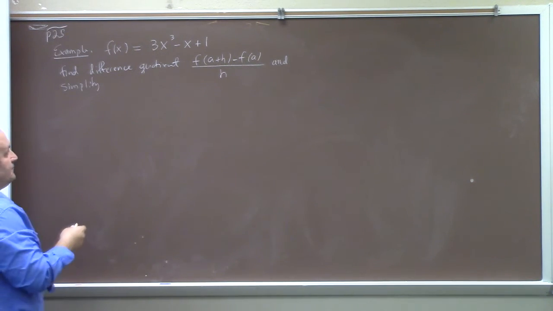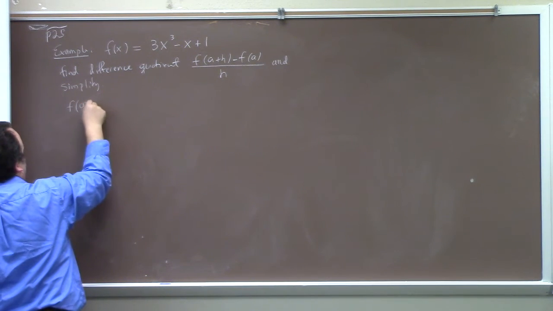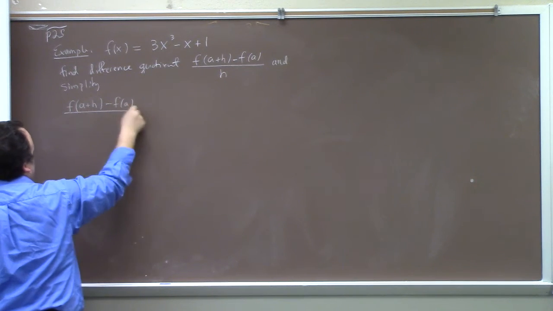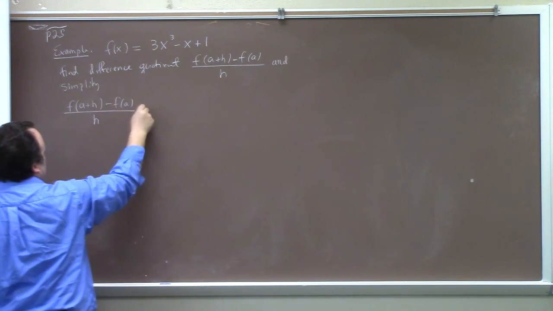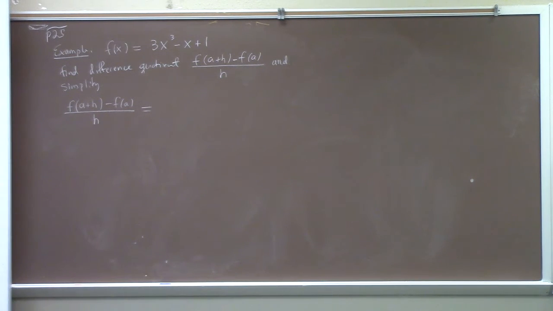All right, so we have to calculate f of a plus h minus f of a, divided by h. So I start by writing that equals. Okay, that's a good question. Does it matter which one's first? Because on here it says f of a minus f of a plus h. I did that? Yes. Really? That's not right. Do it this way.